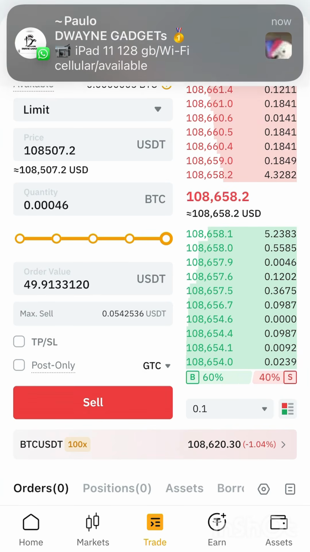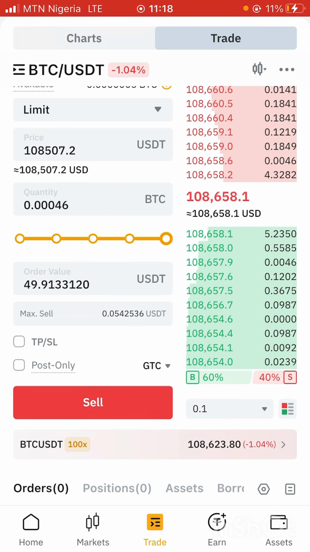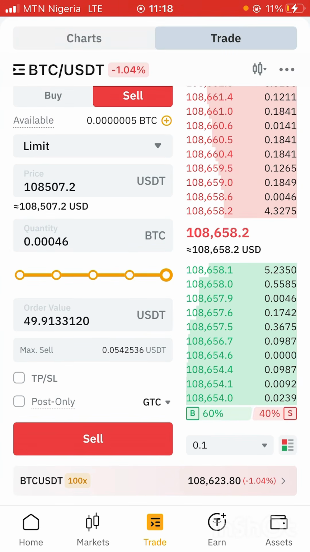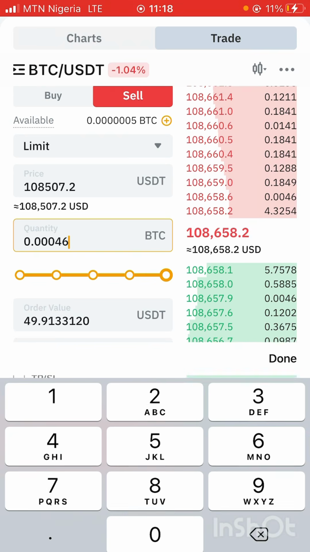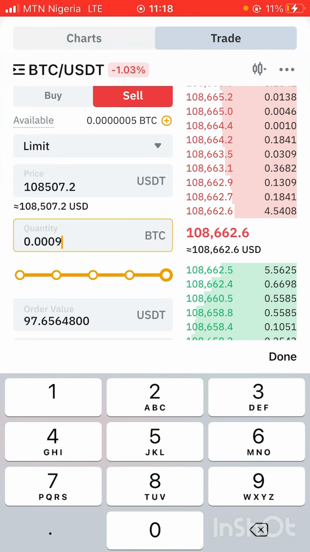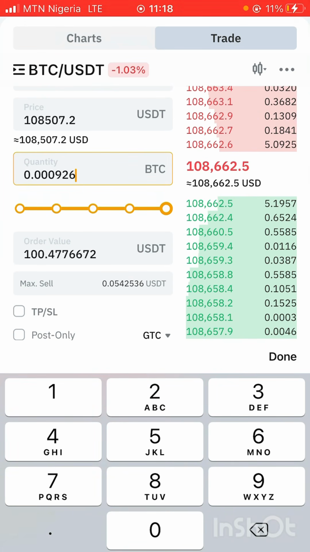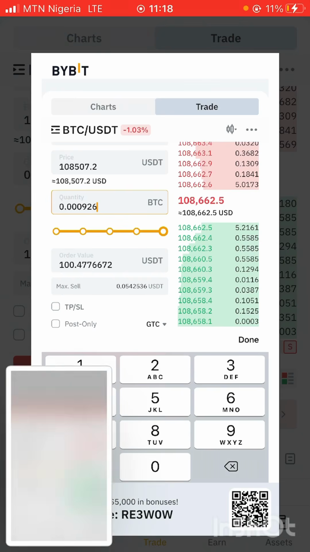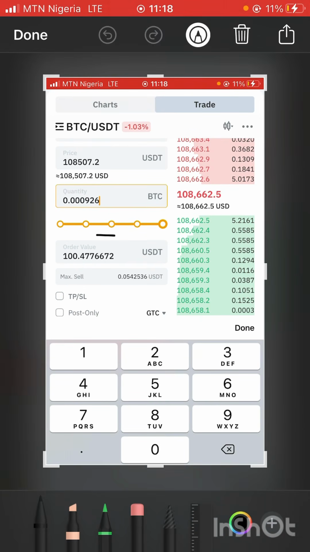I come to this other exchange that I want to sell to and put the quantity of BTC that I want to sell. The quantity I want to sell is 0.00926. Right now you can see that I will be making an extra $4. Do you understand? I'm making an extra $4 right here.